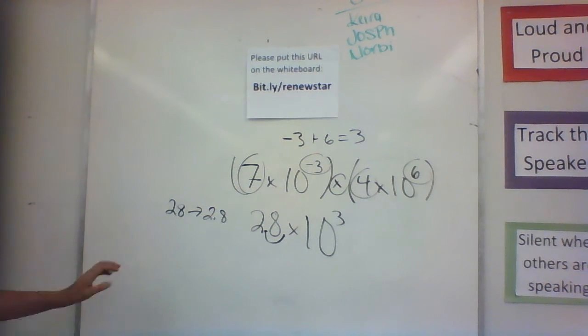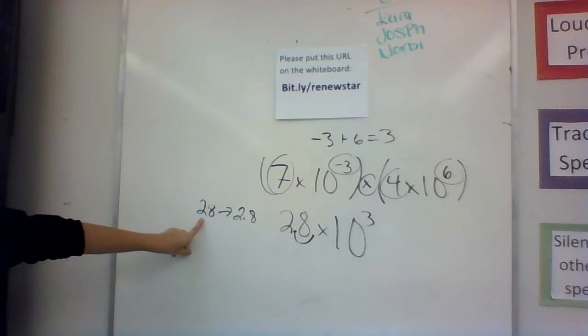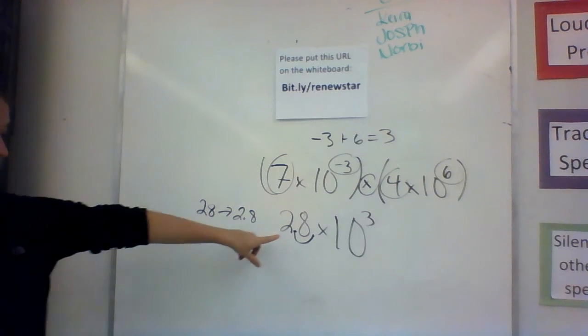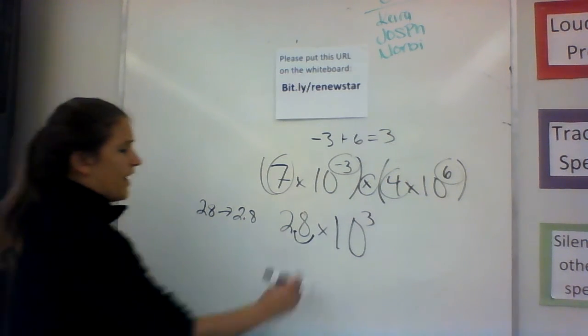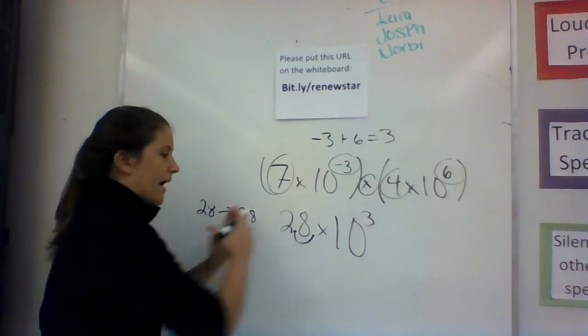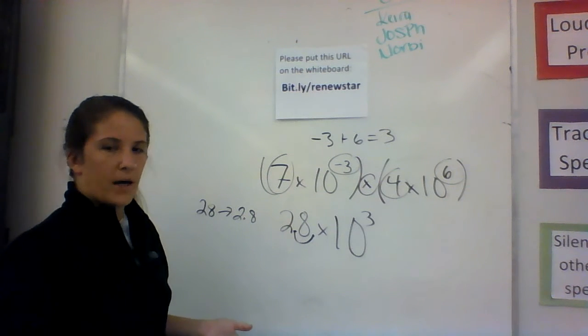So now I need to think. I went from 28 to 2.8. Did I make this number bigger, or did I make it smaller? I made it smaller. So if I made this smaller by one place value, I can't just keep everything else the same because it's a completely different number then. I need to balance out my expression.